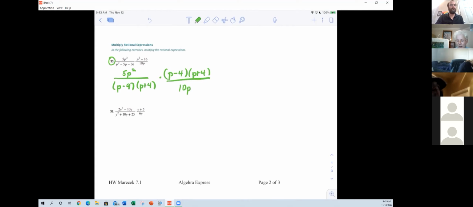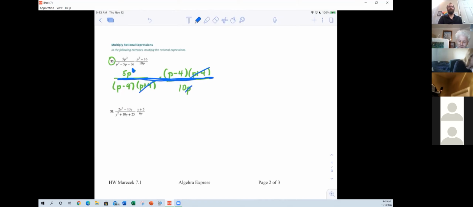Now we can, if we want, make this all one big fraction. When you multiply fractions, it's just the top times the top and the bottom times the bottom. And now it's just a matter of canceling out common factors. Anything on the top that matches something on the bottom turns into the number 1, so they cancel each other out. Like this p plus 4 and this p plus 4. And this p with this p squared.